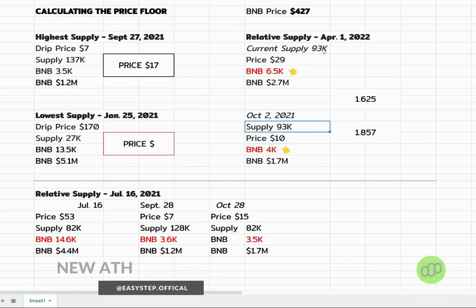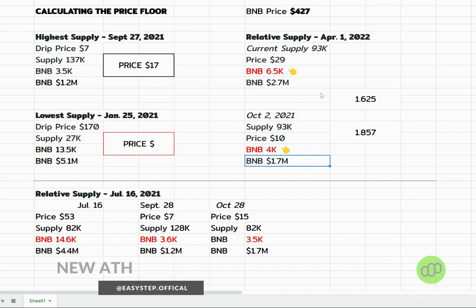And the reason the price was different is because we have a different BNB balance, which gave us a different BNB value. So this represented an increase of the price floor of DRIP, or a growth of the price floor of DRIP.